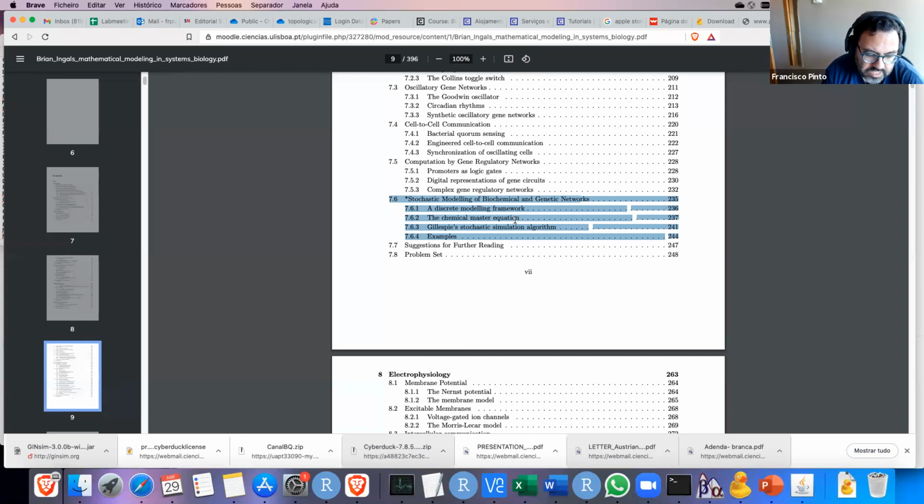This is useful for systems that have a smaller number of molecules. So if you are interested in modeling systems that involve proteins with a low copy number per cell, or messenger RNA with a low copy number per cell, then these stochastic systems are relevant.